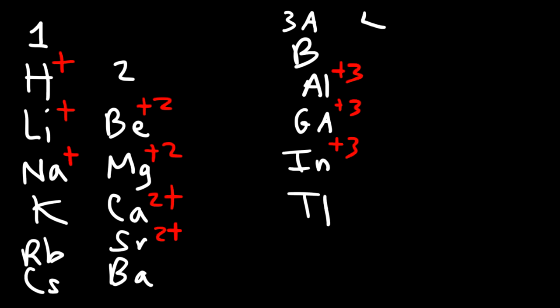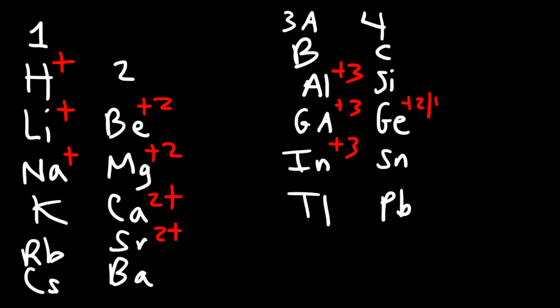Next, we have group 4, which contains elements like carbon, silicon, germanium, tin, lead, and so forth. Elements like germanium, tin, and lead could form positive 2 and sometimes positive 4 charges. So some ions can have multiple oxidation states or charges.